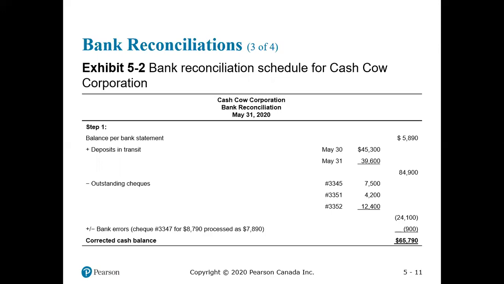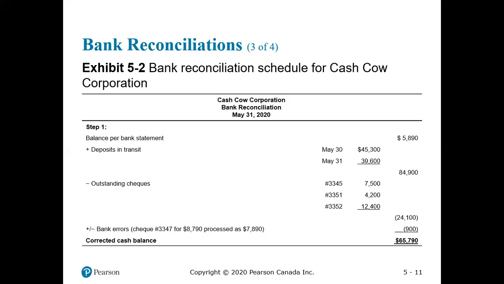Then you would need to adjust for things that have been recorded in the general ledger, but that haven't actually gone through the bank yet. So in this case, there are a couple of deposits in transit. So these are deposits that the company has made. So they've recorded in their general ledger that they've received this money, but the deposits haven't actually cleared through the bank yet. So you would need to adjust the bank balance and add those numbers in.